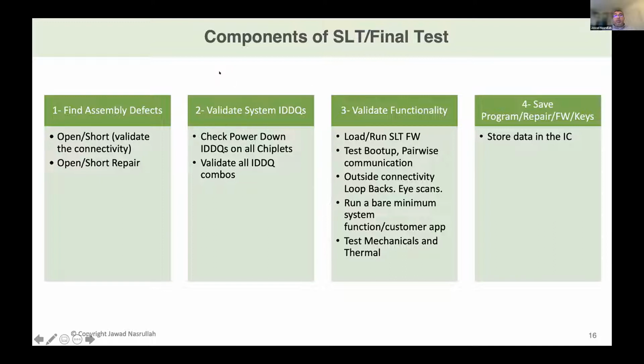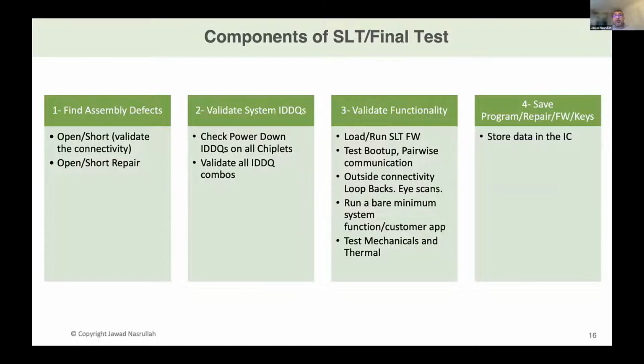Then we wanted to validate all the power down conditions, that the currents as spoken for are actually being manufactured. And we go through all kinds of IDDQ combinations across various components.